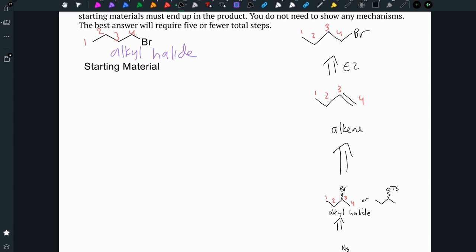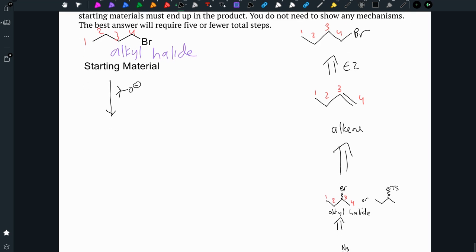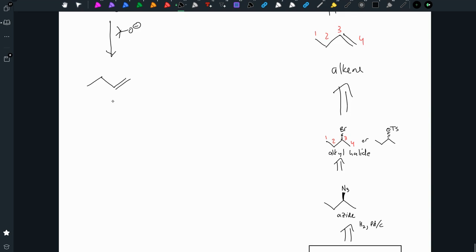All right, so now it's time to write my final answer. I take my starting material. I want to do an E2 reaction. It's a primary halide, so I'm going to need to use a big bulky base. So I'm going to use tert-butoxide as my big bulky base to turn that into an alkene. Then I'm going to use HBr to turn that into an alkyl halide.